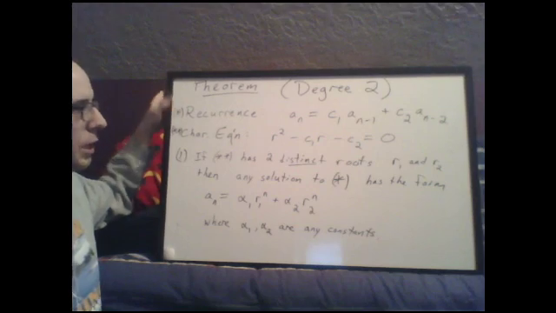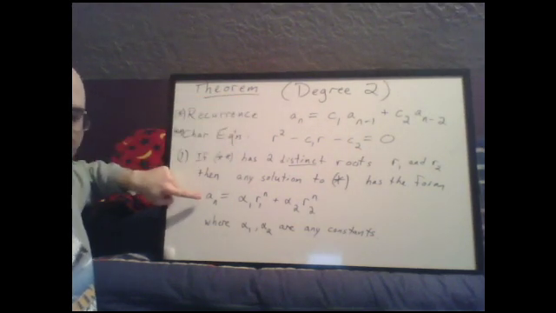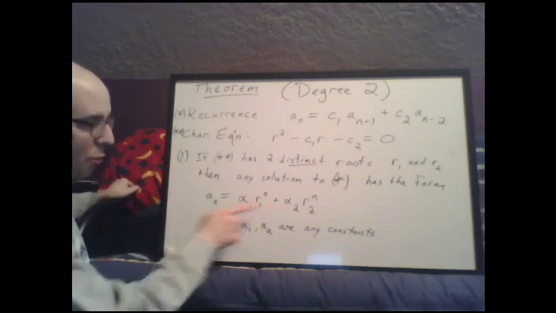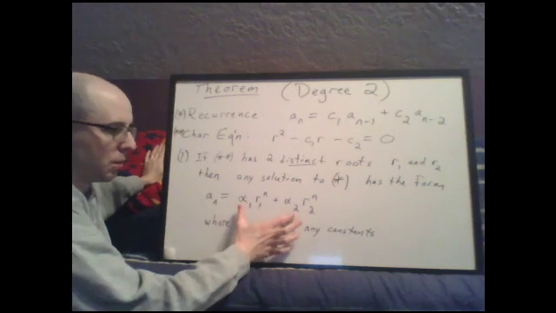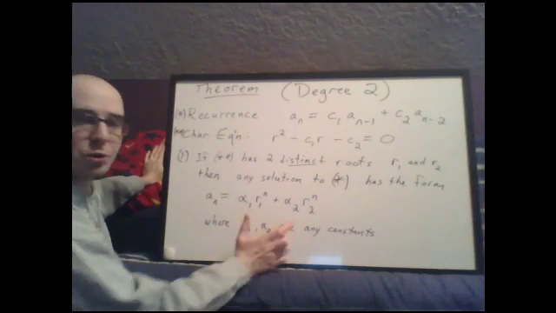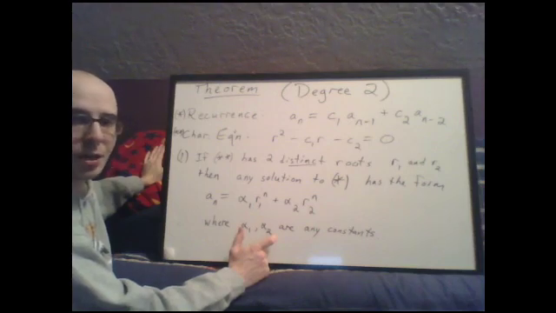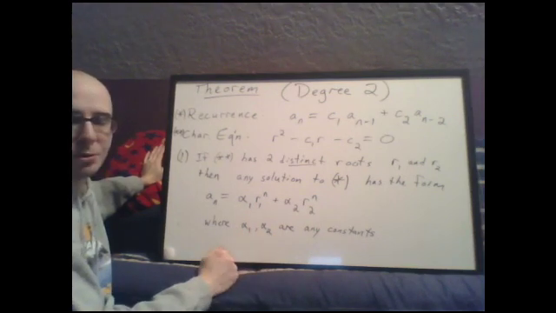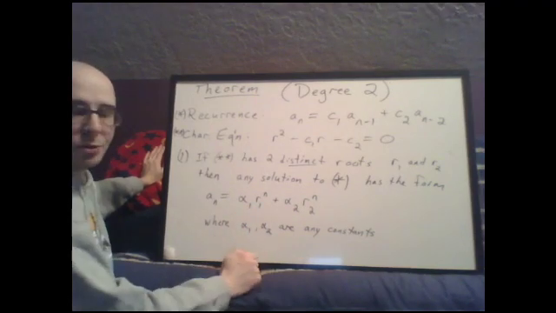And what's more, any solution to this recurrence will have this form for some alpha 1 and alpha 2. The correct numbers to use for the alphas will depend on the initial conditions. If I know what a_0 and a_1 are supposed to be, I can figure out what alpha 1 and alpha 2 are.